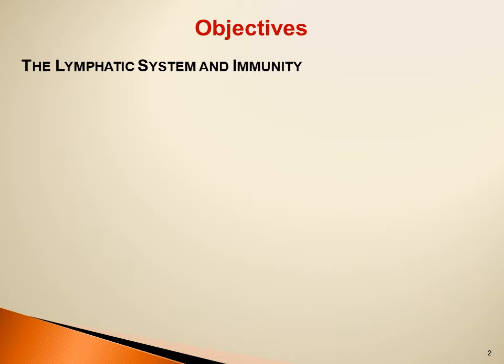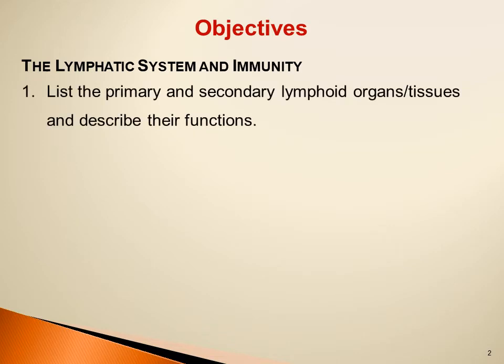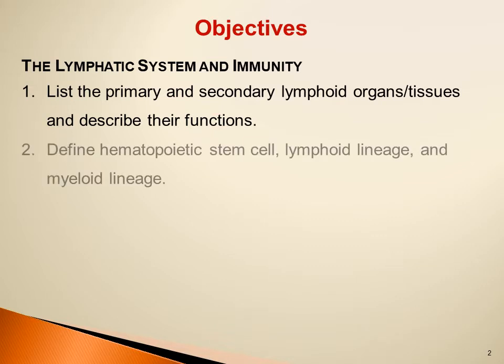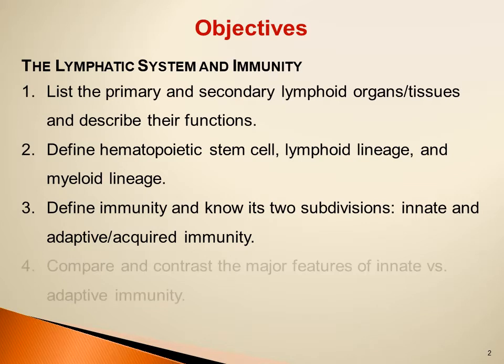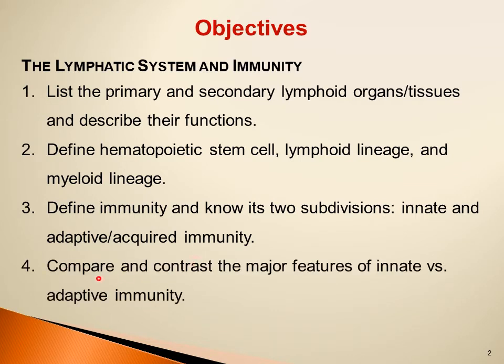The objectives of today's session are to list the primary and secondary lymphoid organs or tissues and describe their functions, to define the hematopoietic stem cells, lymphoid lineage and myeloid lineage, and to define immunity and know its two subdivisions, innate and adaptive, also called acquired immunity, and finally to compare and contrast the major features of innate versus adaptive immunity.